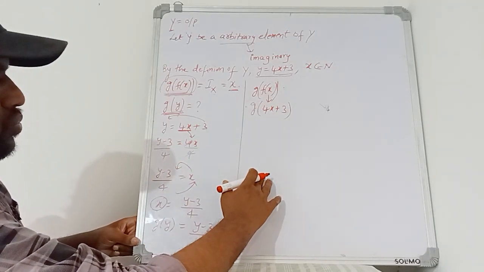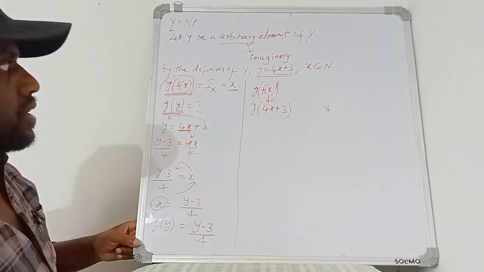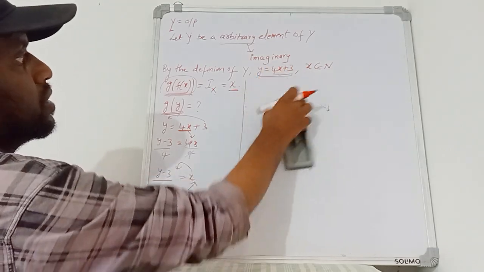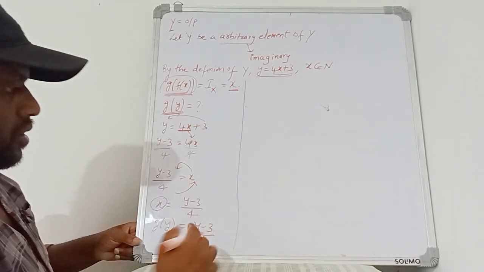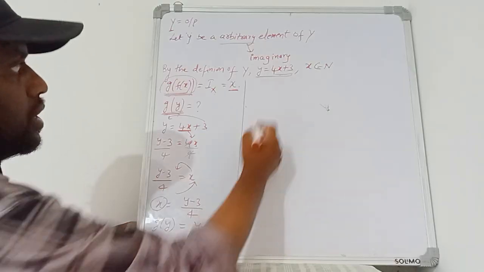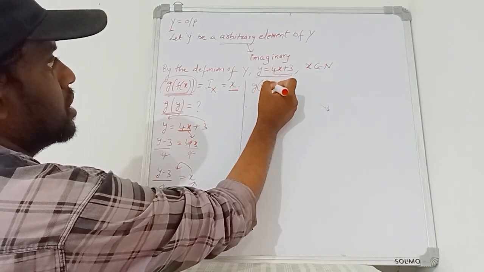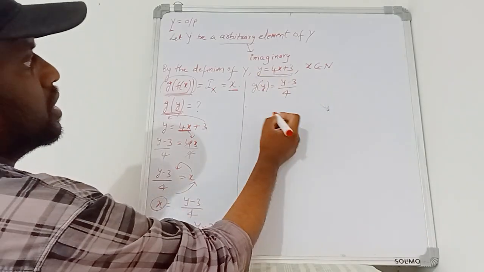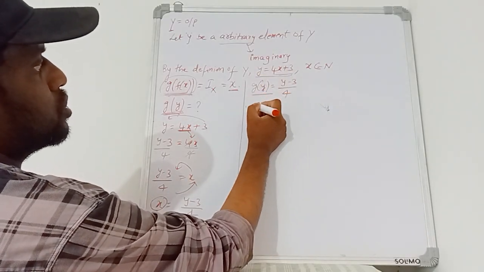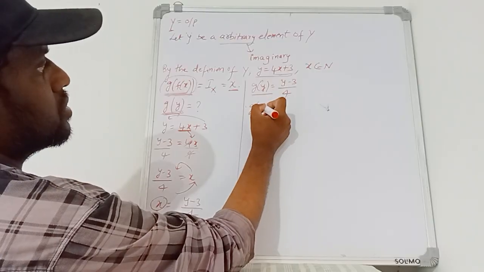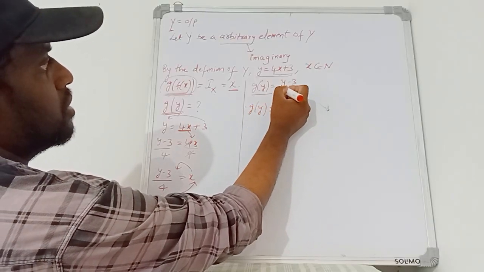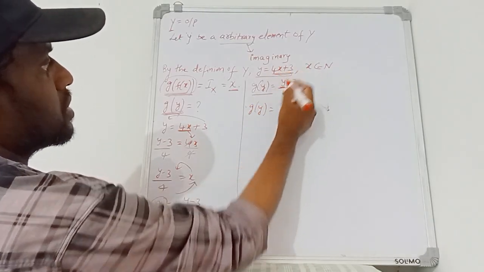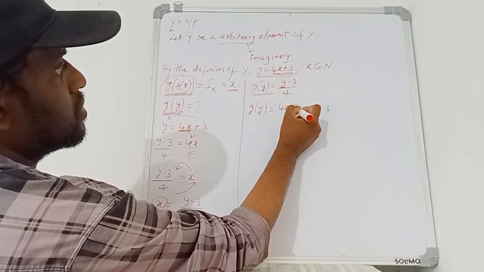Oh, I'm sorry, once again, just a small mistake. We found this. Take this only again here. G of y is equal to y minus 3 by 4. Next, what you have to do? Write asterisk. In place of y, we have 4x plus 3.